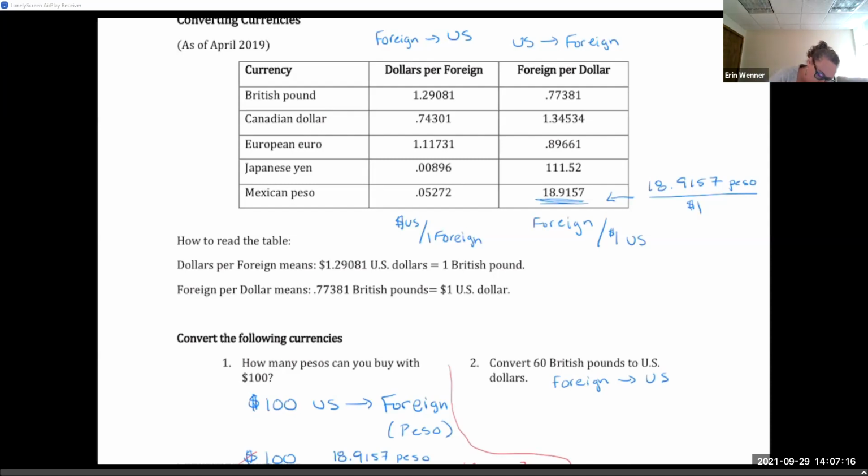So we've got 60 British pounds, and I'm just writing BP because there's no way I can make that funny little symbol that is the British pound. And if we look in here, British pounds, we have 1.29081 US dollars to 1 British pound.